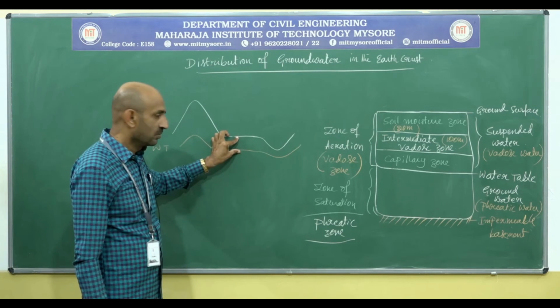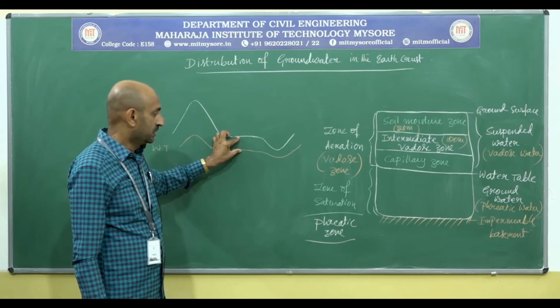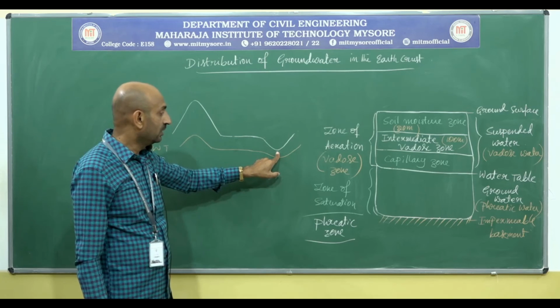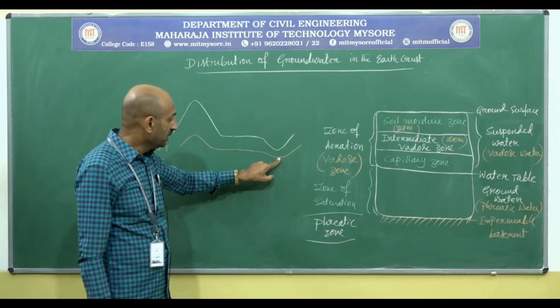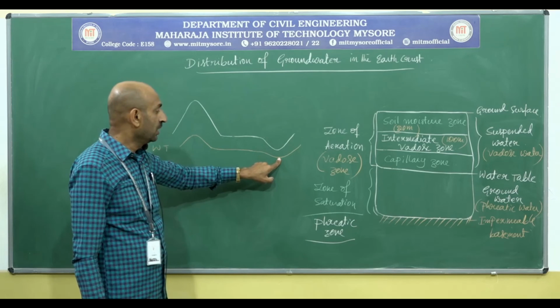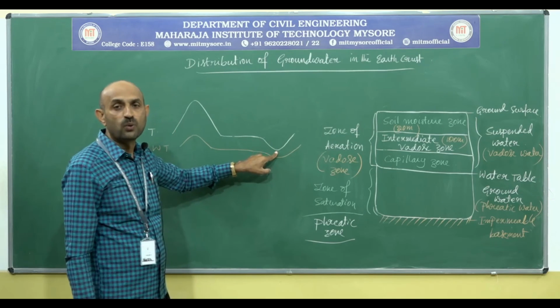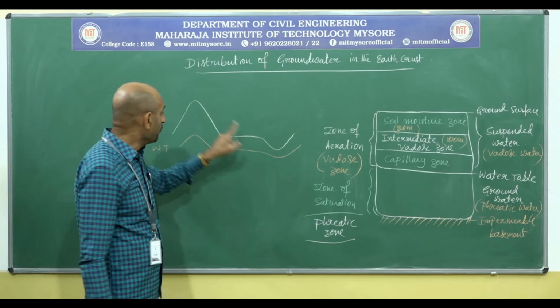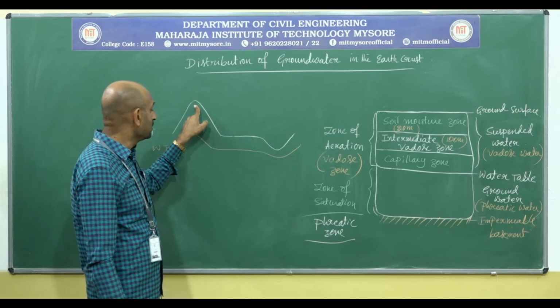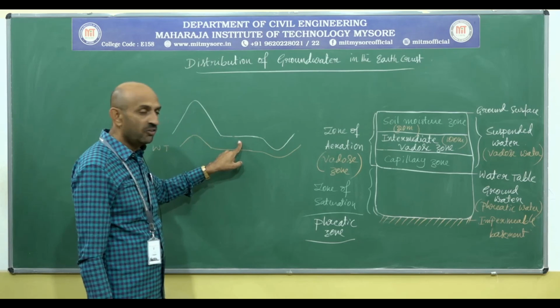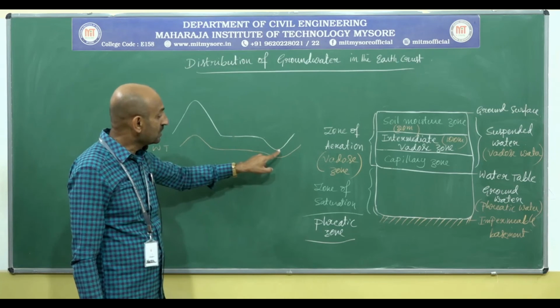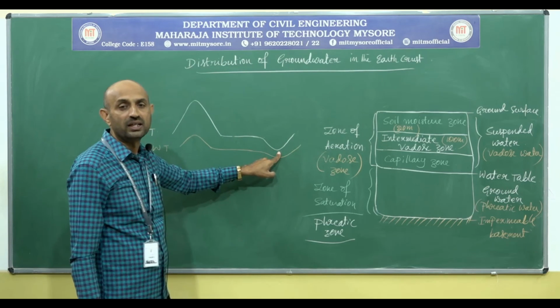Here also it has a higher depth. But when we come to the valley region, here the water table appears very close to the ground surface. Instead of seeking water at the hill station as well as level ground, it is better to seek it in the valley region.